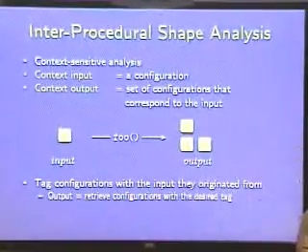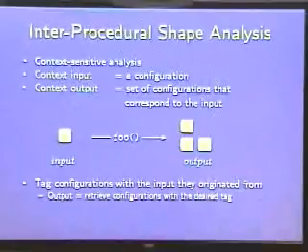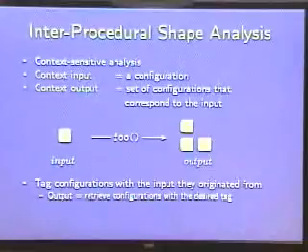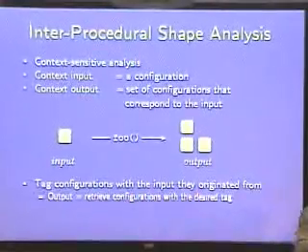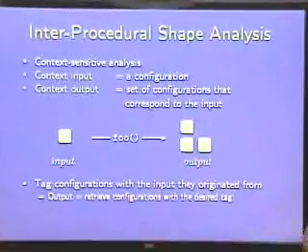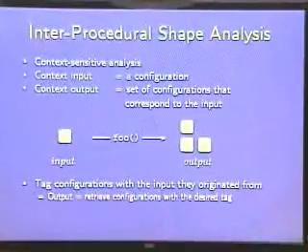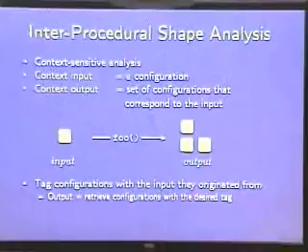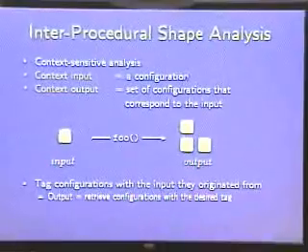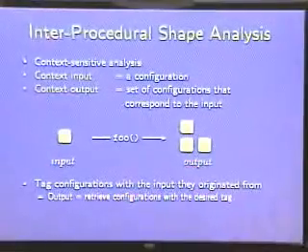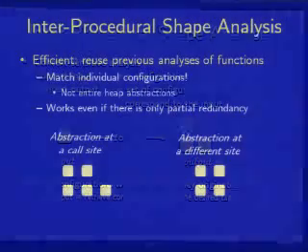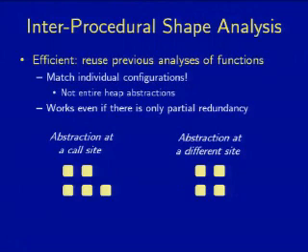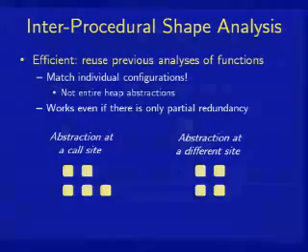What we actually do is we tag configurations with the configuration that they originated from, and this makes it easier to determine for a given input what are the outputs, or for a given output what is the input that they originated from. The analysis also involves changing the analysis domains when you go from one procedure to another, but I'm not going to go into those details here.